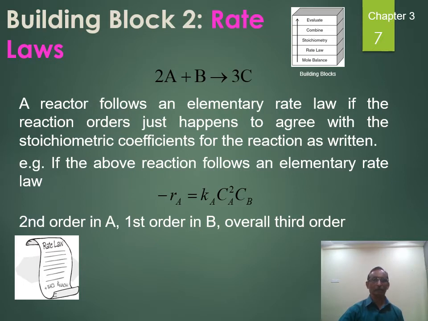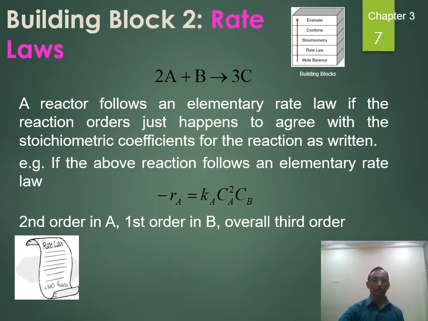Minus rA means the rate of disappearance of A. Minus rA equals kA, with reference to A, the rate constant, into CA raised to the stoichiometric coefficient of A, that is 2, into CB raised to the stoichiometric coefficient of B, that is 1.